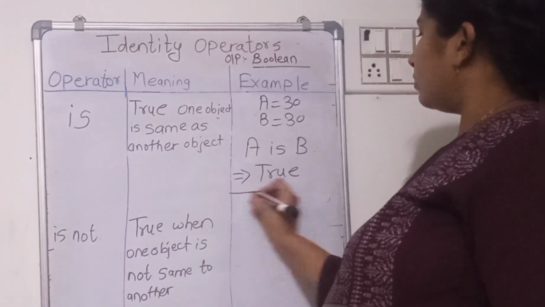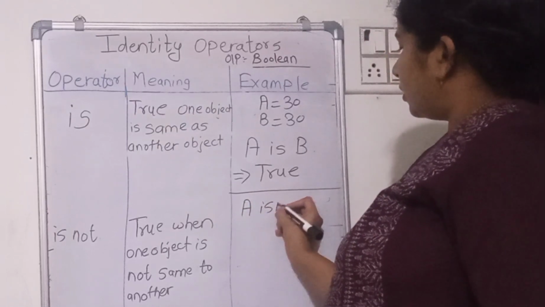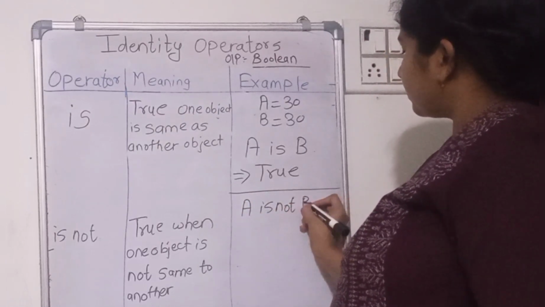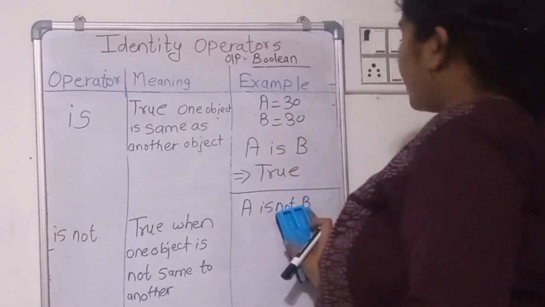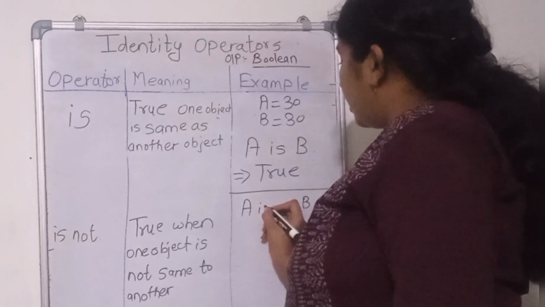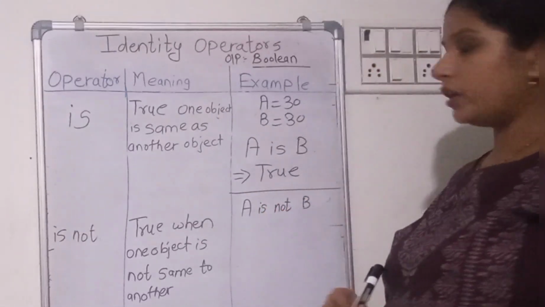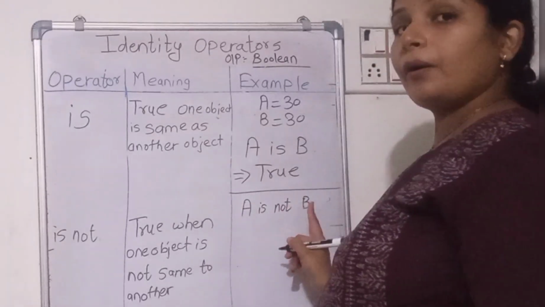So here we are checking A is not B. Just keep in mind that there is a space between is and not.